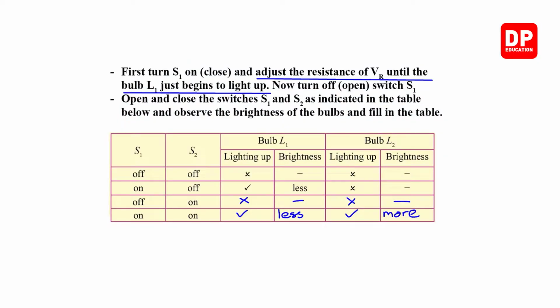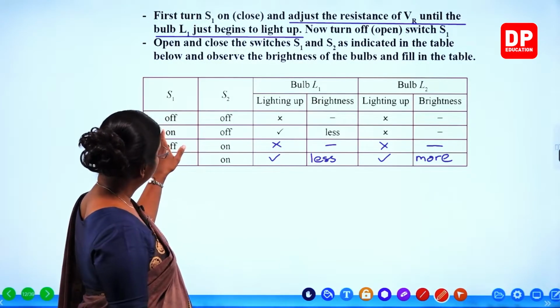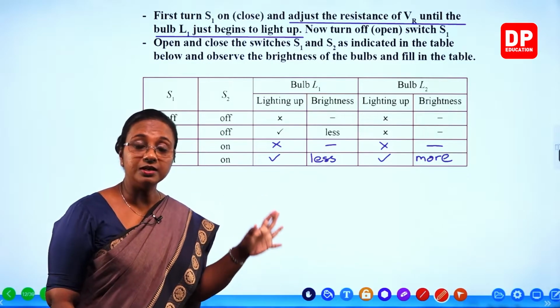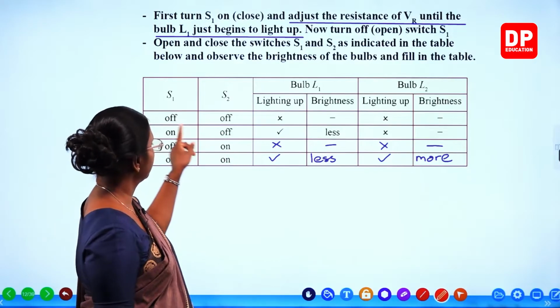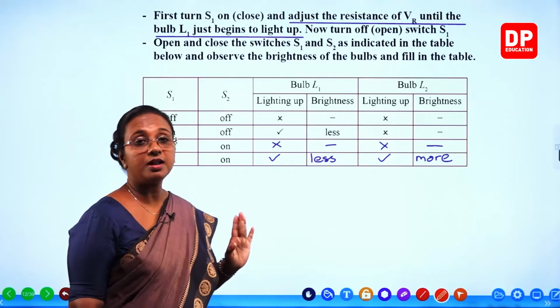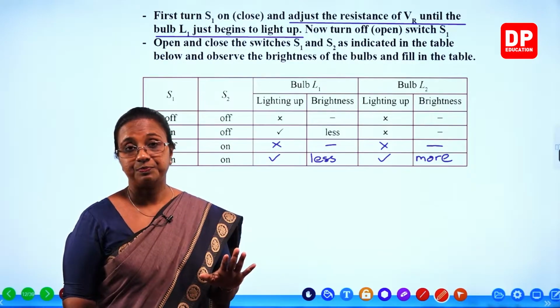So what can you understand from that? One thing you know, we need to switch on to let a current flow through the transistor. That is the first observation. When both S1 and S2 are switched off, there is no current flow. Therefore, the bulbs do not light up.